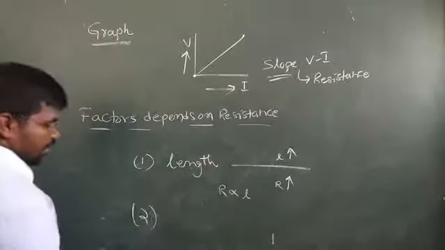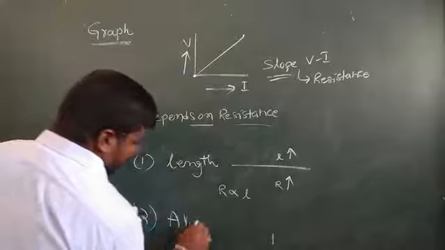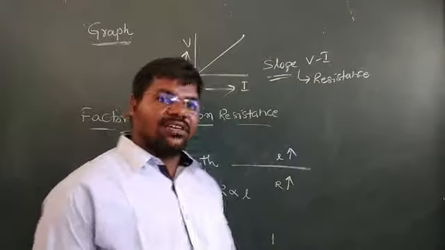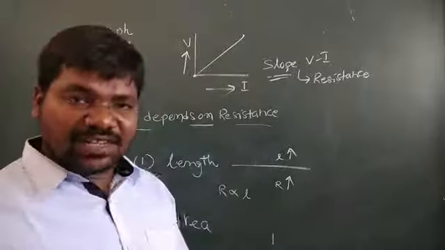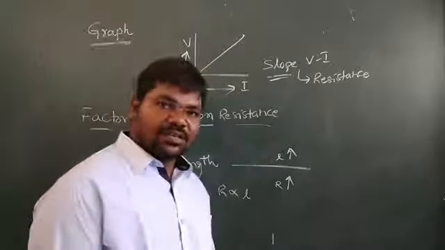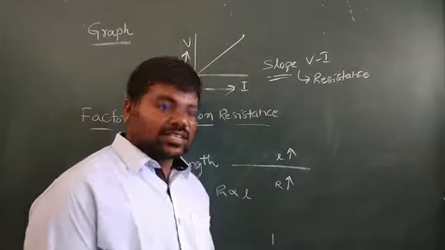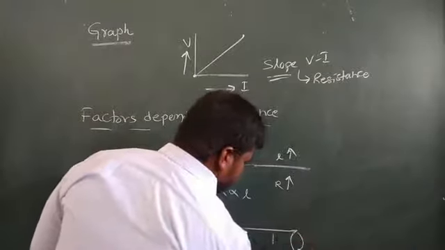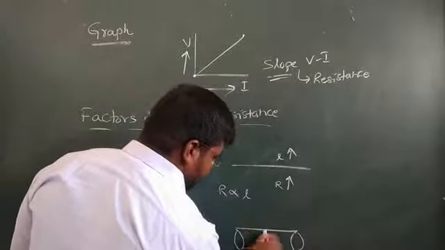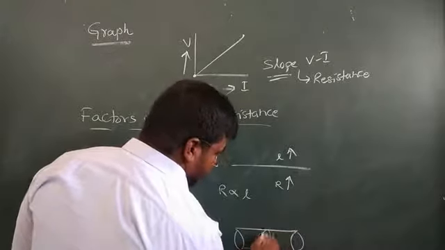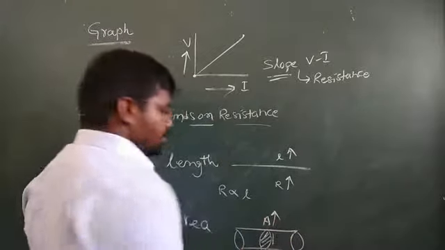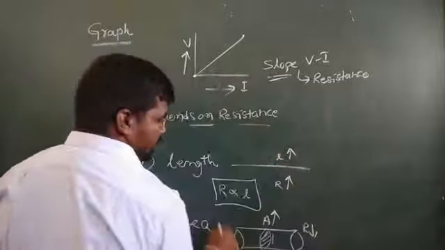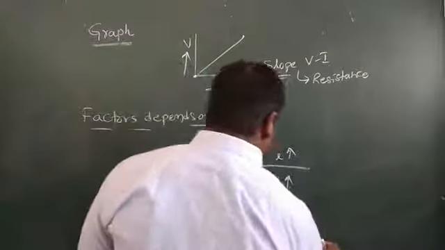Second one, area. If the area of cross section of the conductor increases, the resistance decreases.